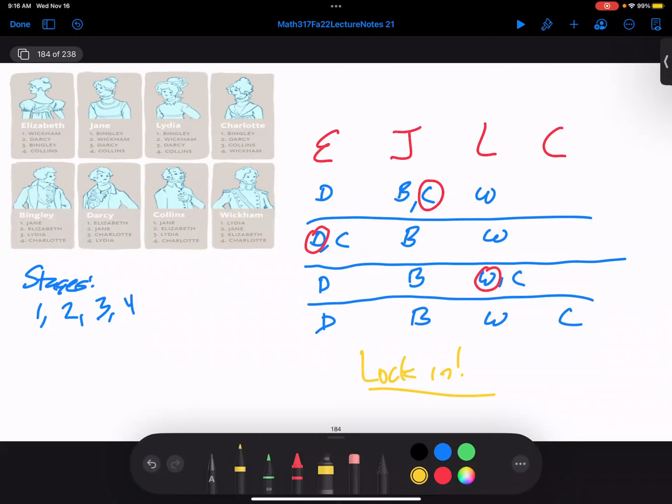To show that it's stable, how many different pairs do we have to look at? Why 3? Well, for it to be unstable, there have to be two pairs where both are willing to switch.